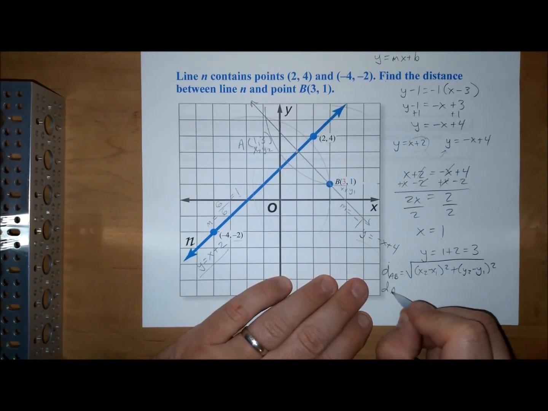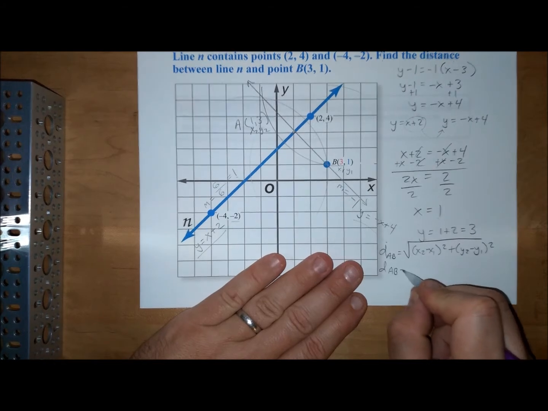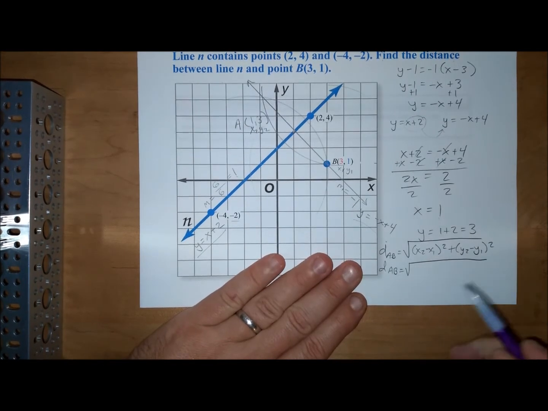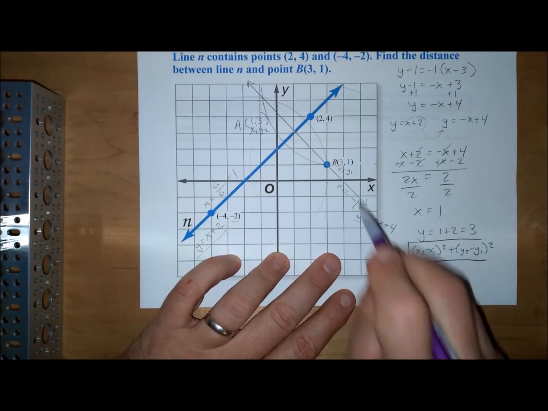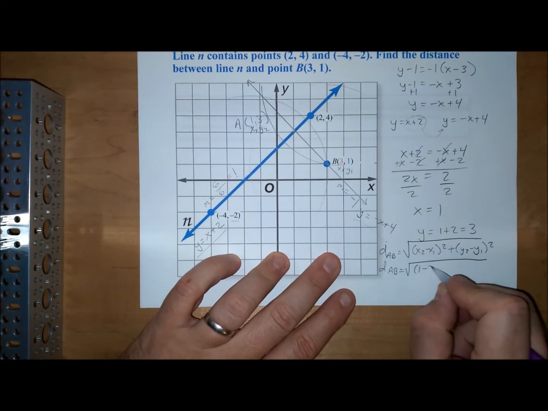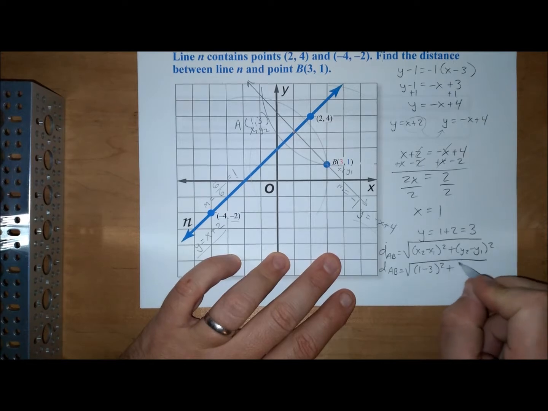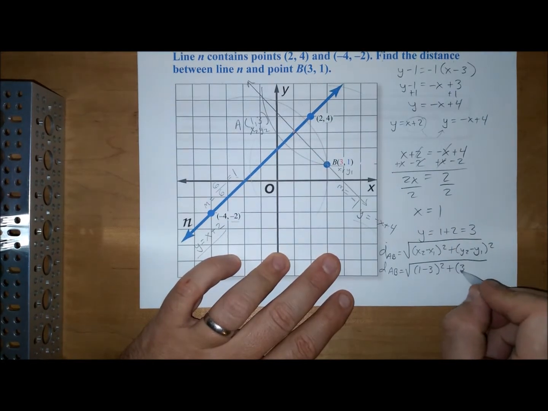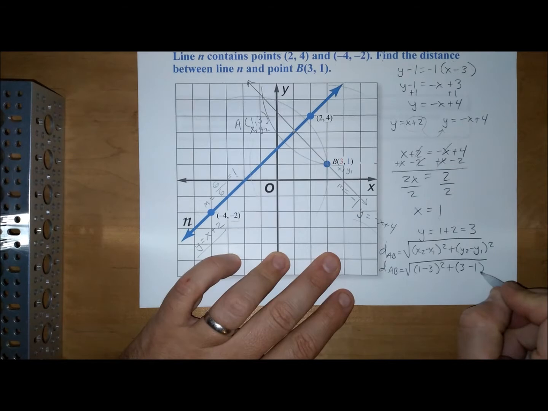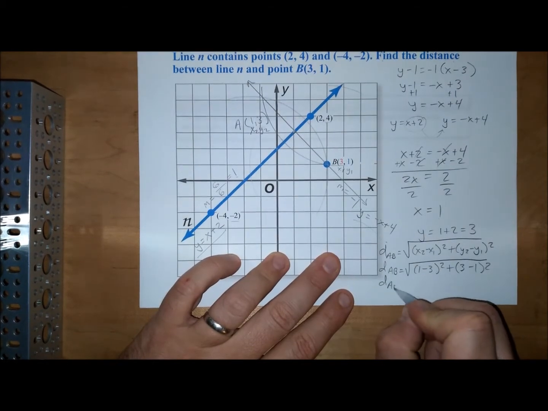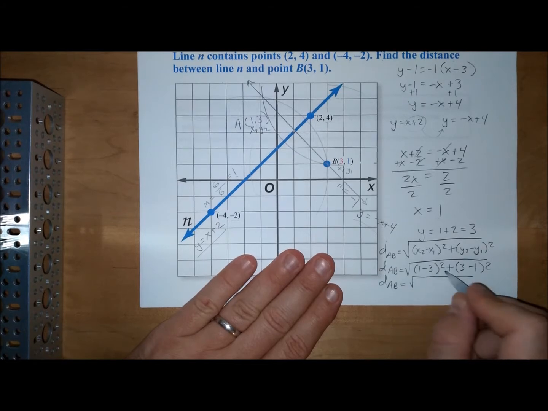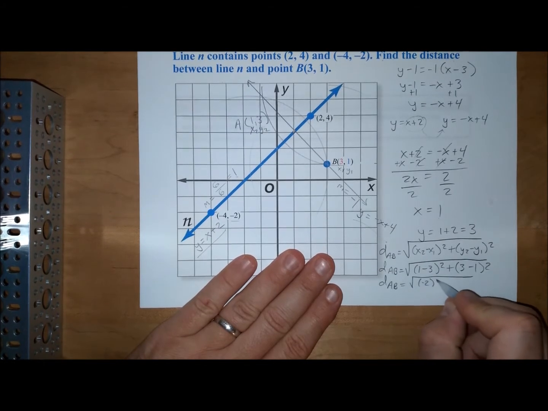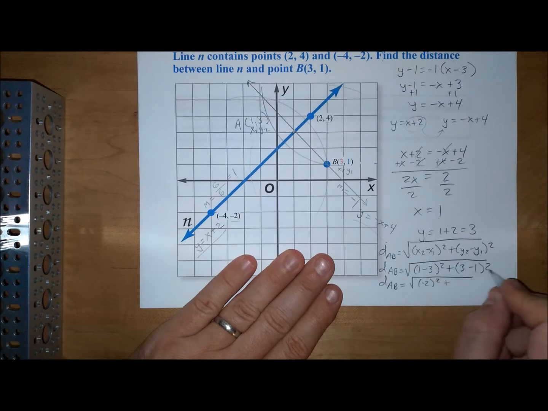Okay, so our distance from A to B here is going to be, let's plug in 1 for x2 minus 3 squared plus y2 is 3 minus 1 squared. Good, let's clean that up. Distance from A to B is going to be the square root of 1 minus 3 is -2 squared plus 3 minus 1 is 2 squared.